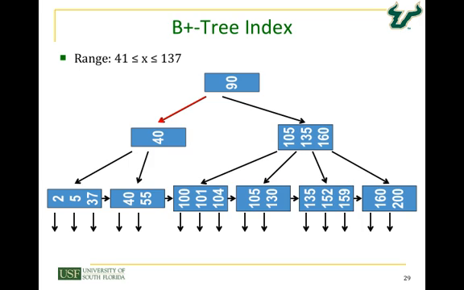Yes, so it goes to the left. Then, is 41 greater or less than 40? It's greater, so I go down here, and it finds where the 41 should be. Then it just starts grabbing things along the way, because they're in numerical order, until it hits the 137, or 135 in this case. So you can see how I can use a B tree to find things really quickly.